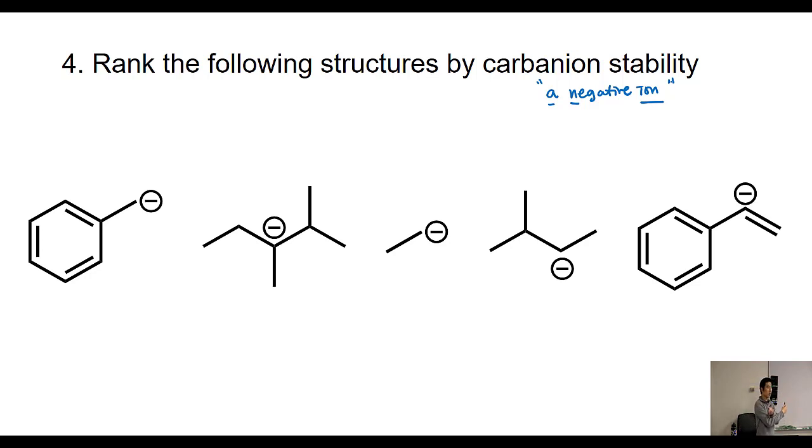But I'm going to switch it when it comes to primary, secondary, and tertiary methyl. So benzylic will still be the most stable, but after that it will be all switched. It's benzylic, then allylic or resonance, then methyl, then primary, then secondary, then tertiary, then vinylic. These four change positions, but the others stay.